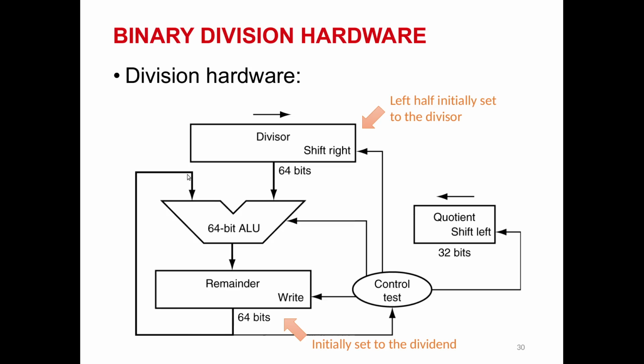If the result of this subtraction is smaller than 0, you will put 0 here and shift the equation to the left as we do in the algorithm. And of course here you don't see the dividend because the dividend can be considered as the remainder at the initial time. So the remainder here will be initialized by the dividend.